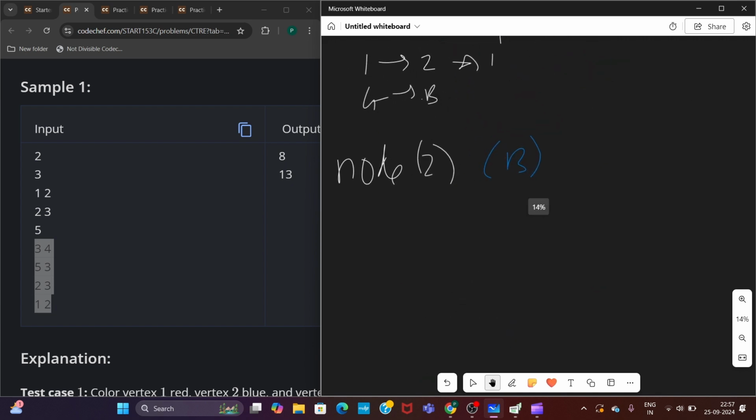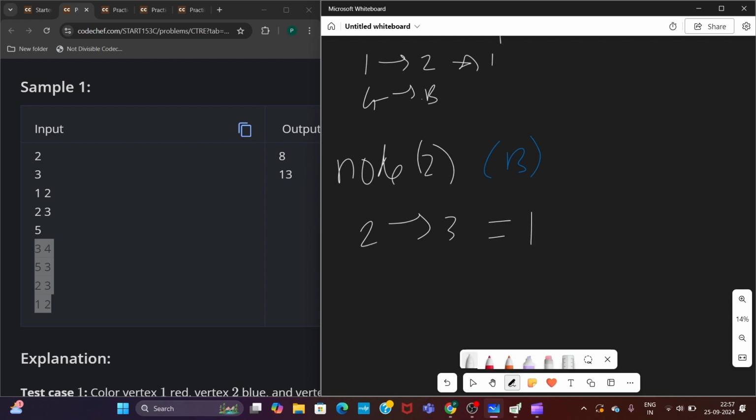So over here, our closest red is 3, meaning from 2 to 3 our distance is simply 1.